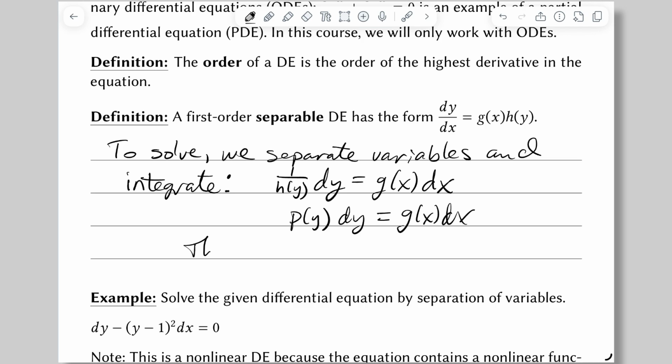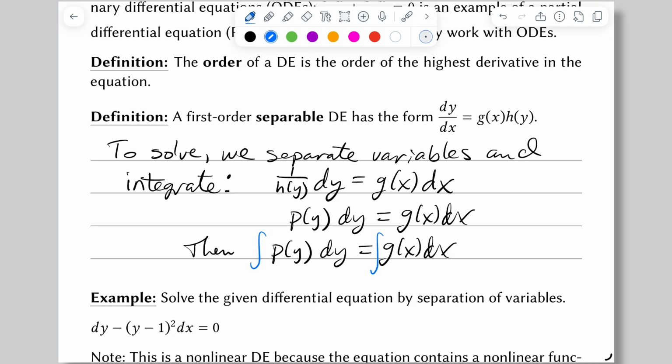And then integrate both sides. What happens after that depends. A subtle point here is that on the right, we're integrating with respect to x. On the left, we are integrating with respect to y, which might seem a little bit weird, but remember, y is a function of x, so ultimately we're actually integrating both sides with respect to x.